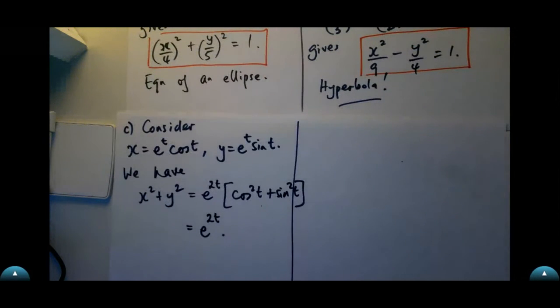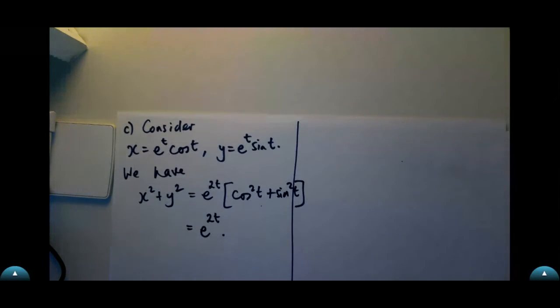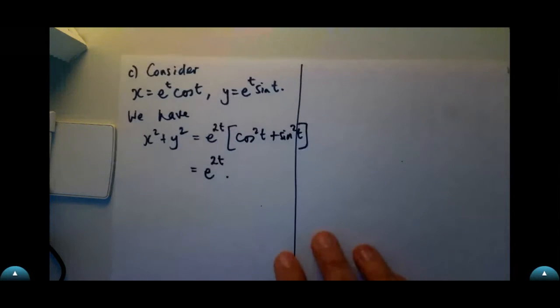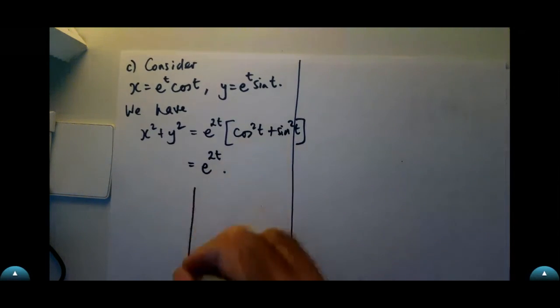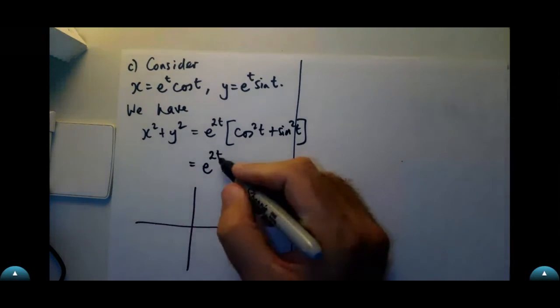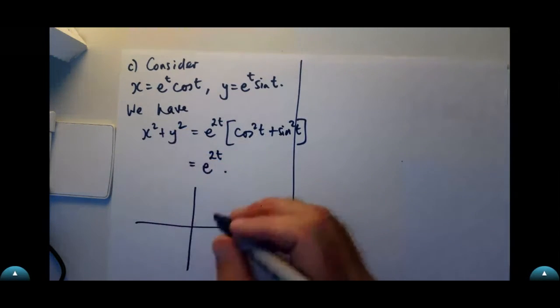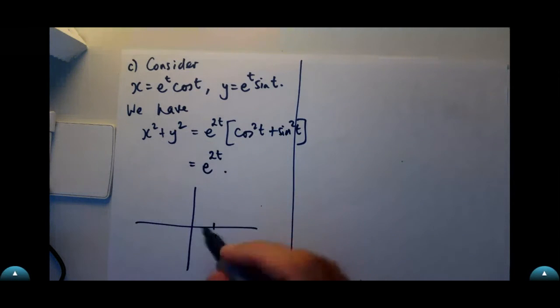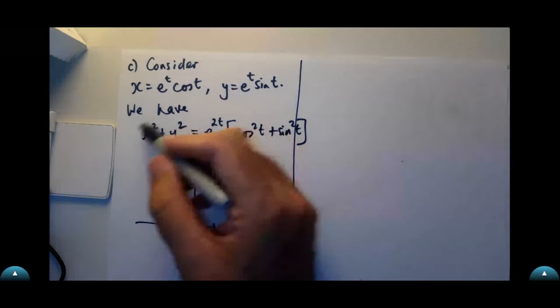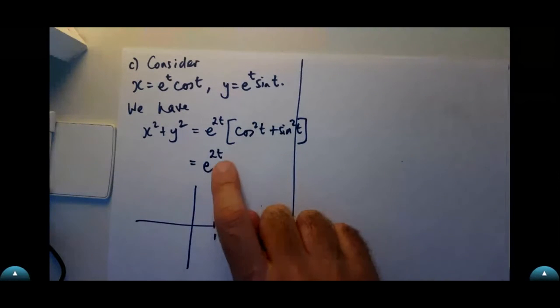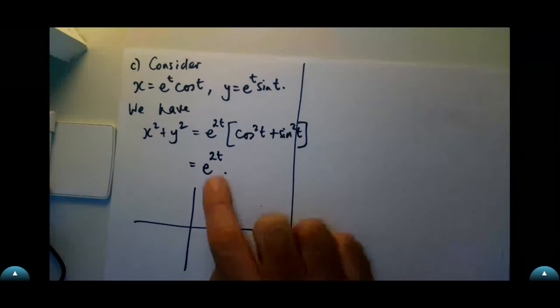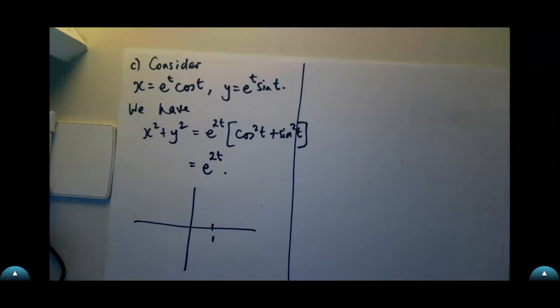Now, what does this tell us? Well, it tells us that when t equals 0, the square of the distance to the origin is 1, right? You can think of this as the square of the distance from any point on the curve to the origin. And as t increases, e to the 2t gets much bigger, right?